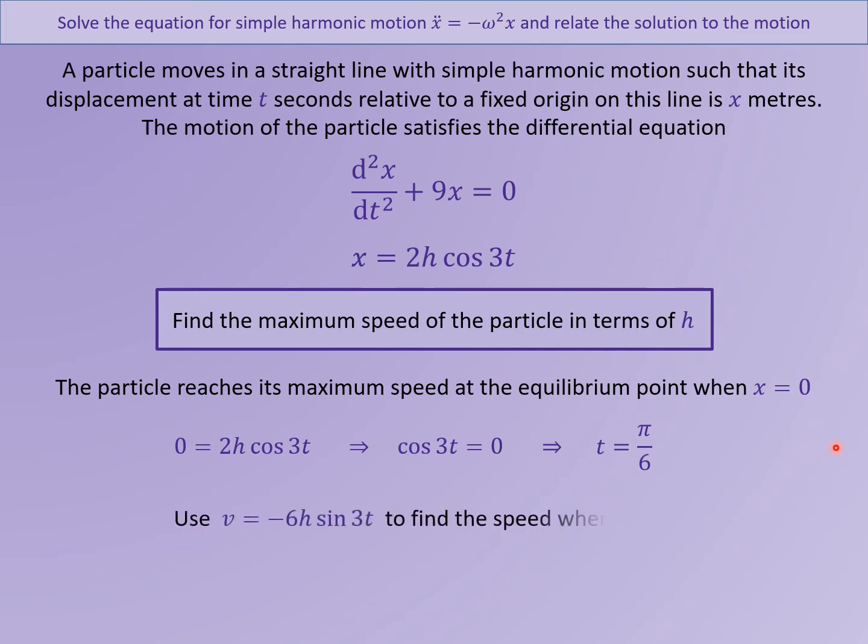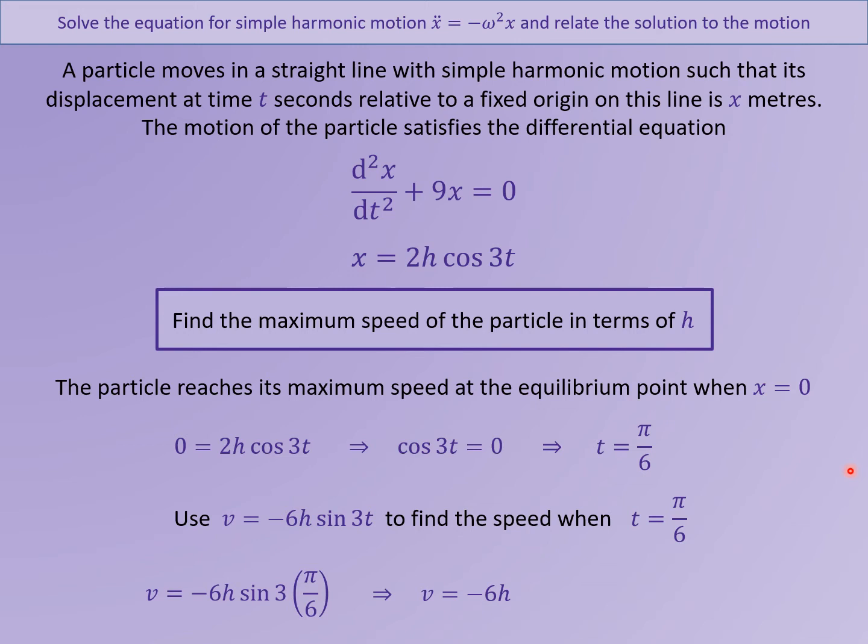Okay. Once you've got that, of course, then you can work out its maximum speed. You can work out its velocity first of all, and then just make sure you change it to a speed if it's negative. So the velocity is minus 6h sine 3t, because that's me differentiating that equation just there. Once I've got my velocity, I can substitute my t in, and what I end up with is velocity equals minus 6h.